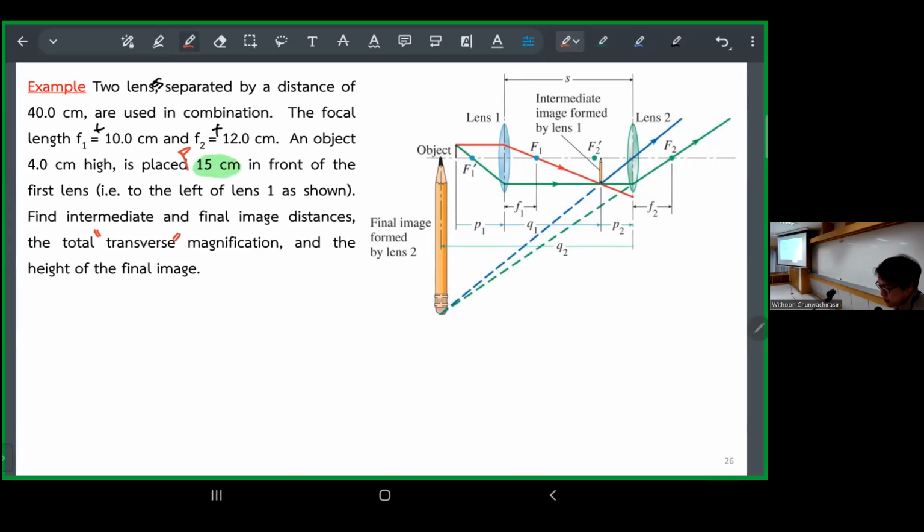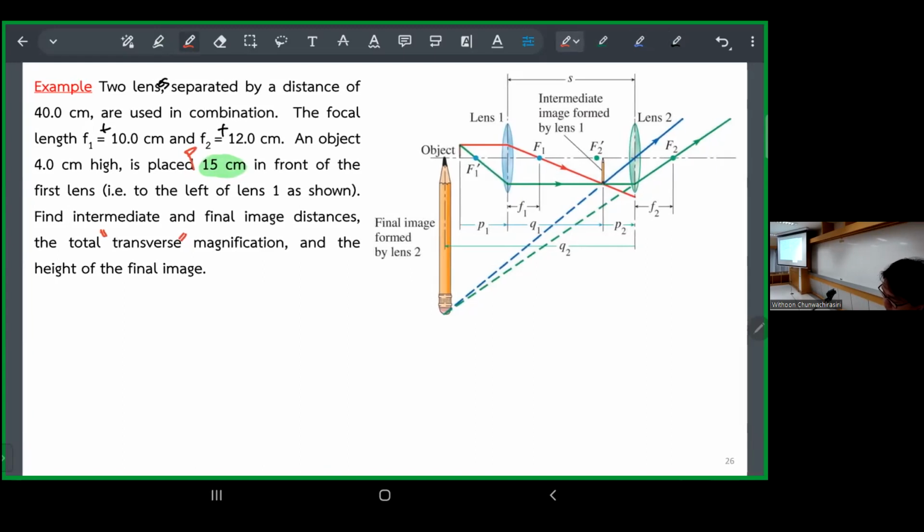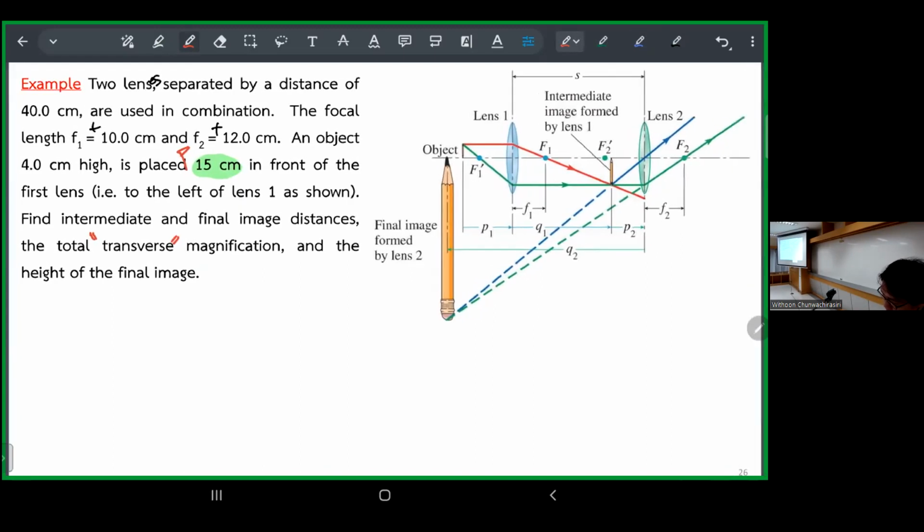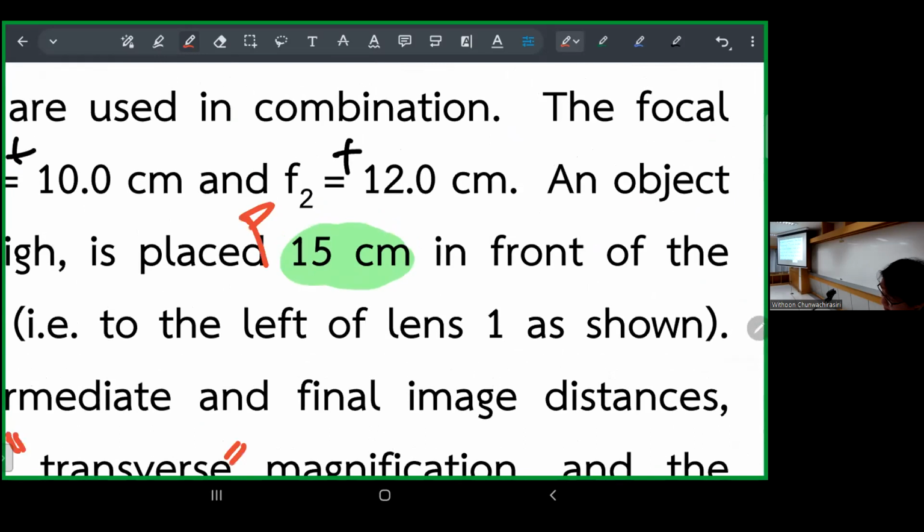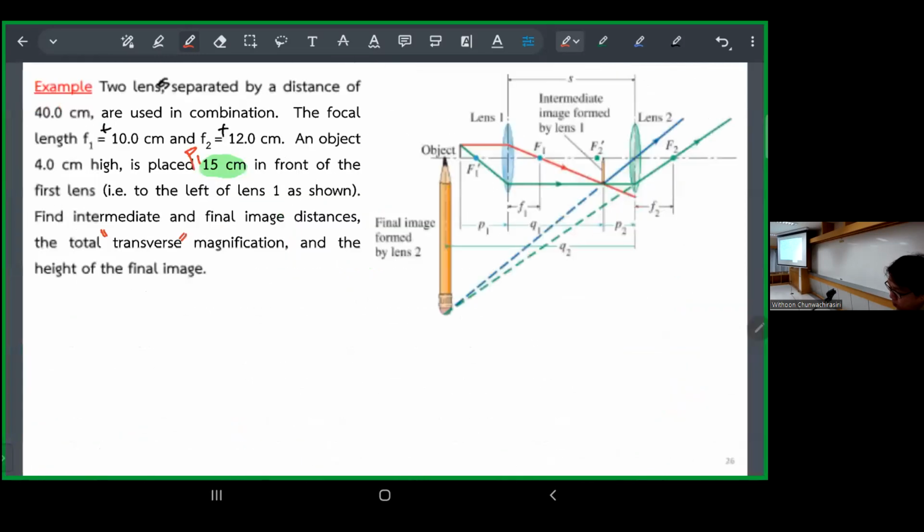All right, guys. So I think this is good. Let's start from the first lens. Because we know the object is placed 15 centimeter in front of the first lens, I can put the subscript here, P1, because that is the object location for lens number 1. So at lens 1, P1 is positive 15. F1 is positive 10.